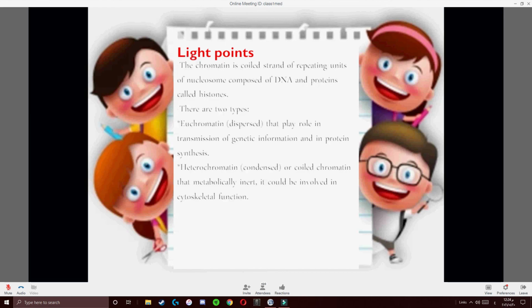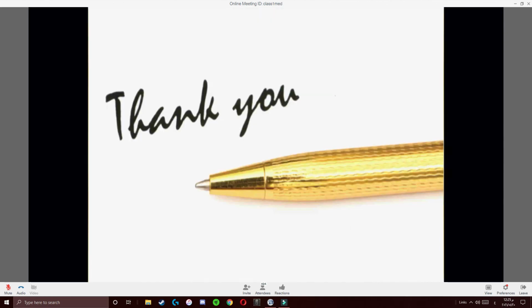It could be involved in cytoskeletal functions. The bar body is a small visible mass in the nucleus, due to one chromosome in female cells being extremely heterochromatic, while this is not found in male cells. Thank you for listening.